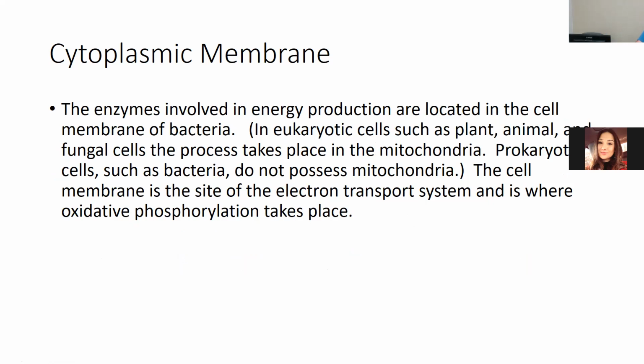And pyruvate enters into the Krebs citric acid cycle a couple of times and gives us some energy, but all those energy molecules go where? They head out to the membrane where there's electron transport, and we get hydrogen going one way and NAD going the other way. Do you remember any of this? Anything about this at all?